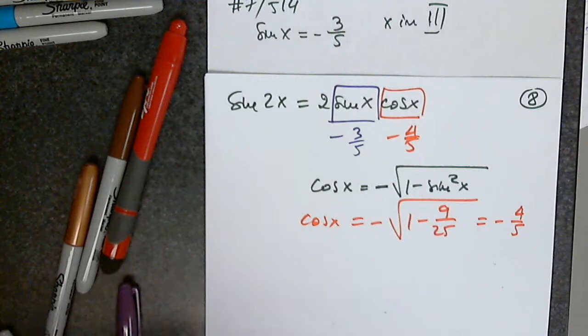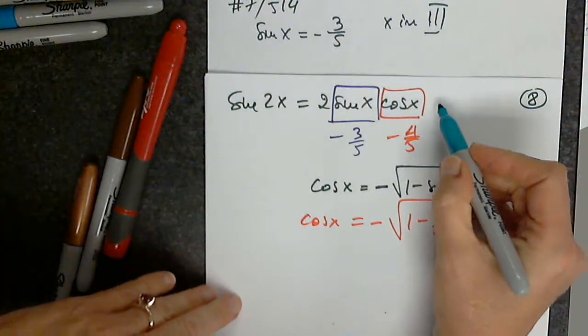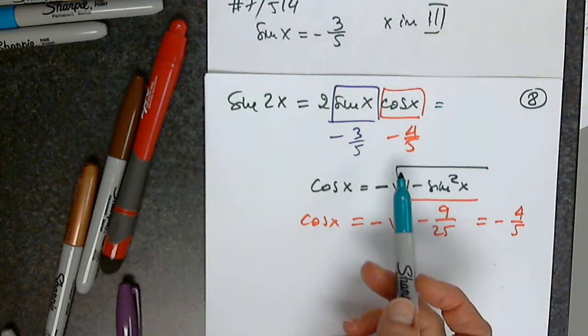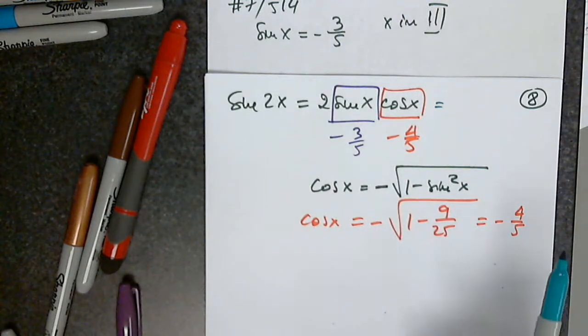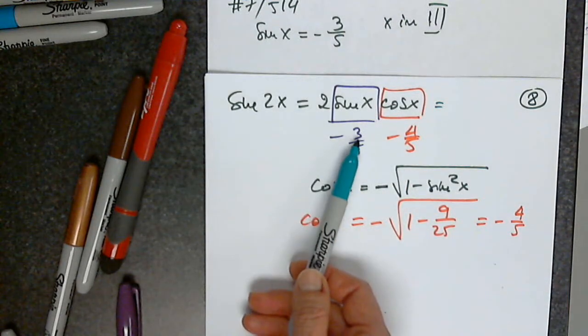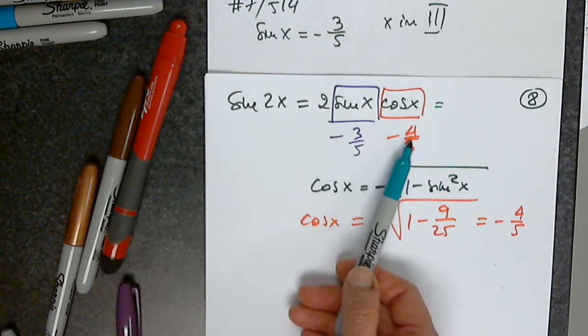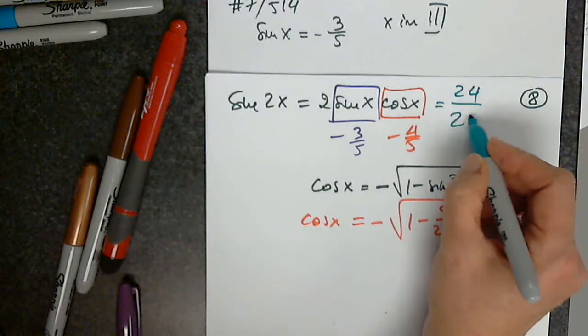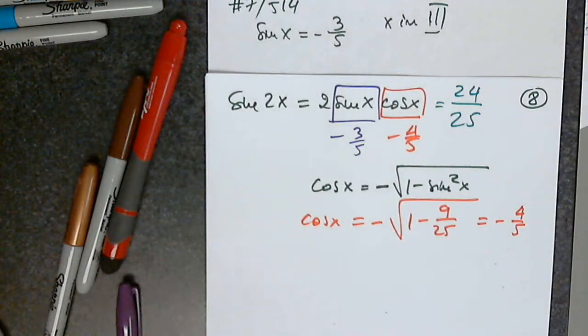So in order to find sine twice x, first of all, these two are negative, so the answer will be positive. 2 times 3 is 6. 6 times 4 is 24. And 5 times 5 is 25. Can this number be more than 1?